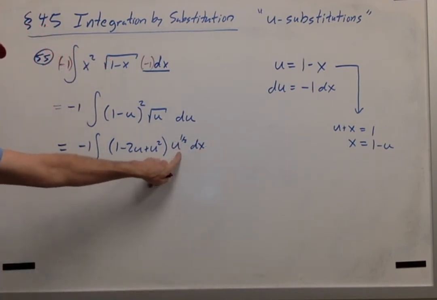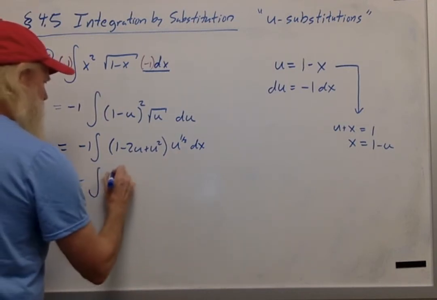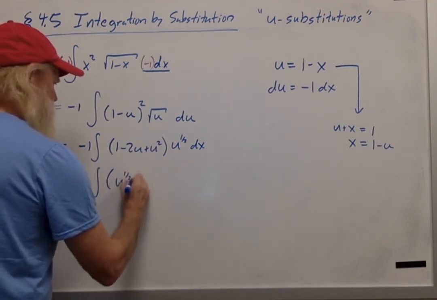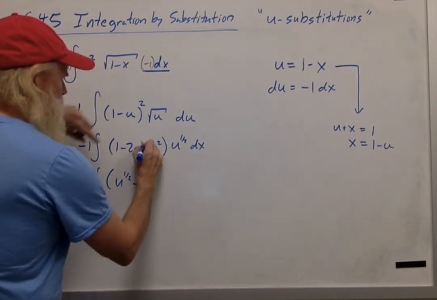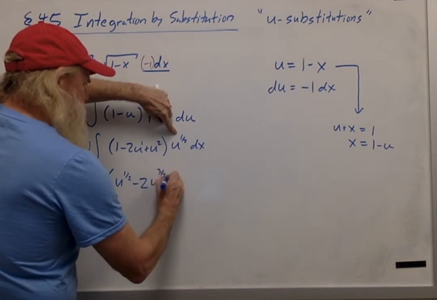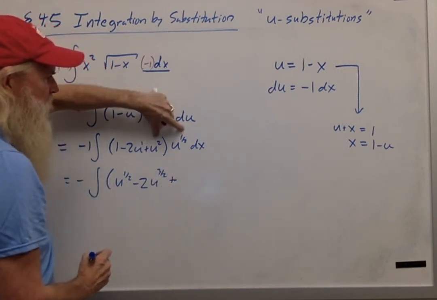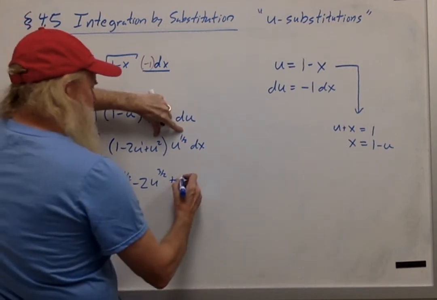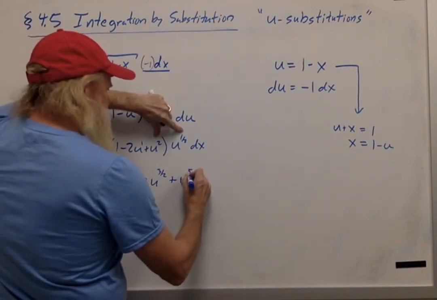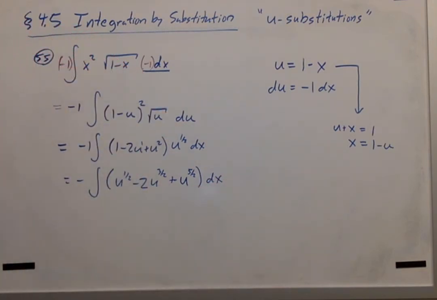And then I'll distribute this in so that I have negative the integral of u to the half minus 2u to the first times u to the half is u to the 3/2 plus u squared times u to the half. 2 plus 1/2 is 5/2. So most of what I've done here is algebra. I haven't taken my antiderivative yet.